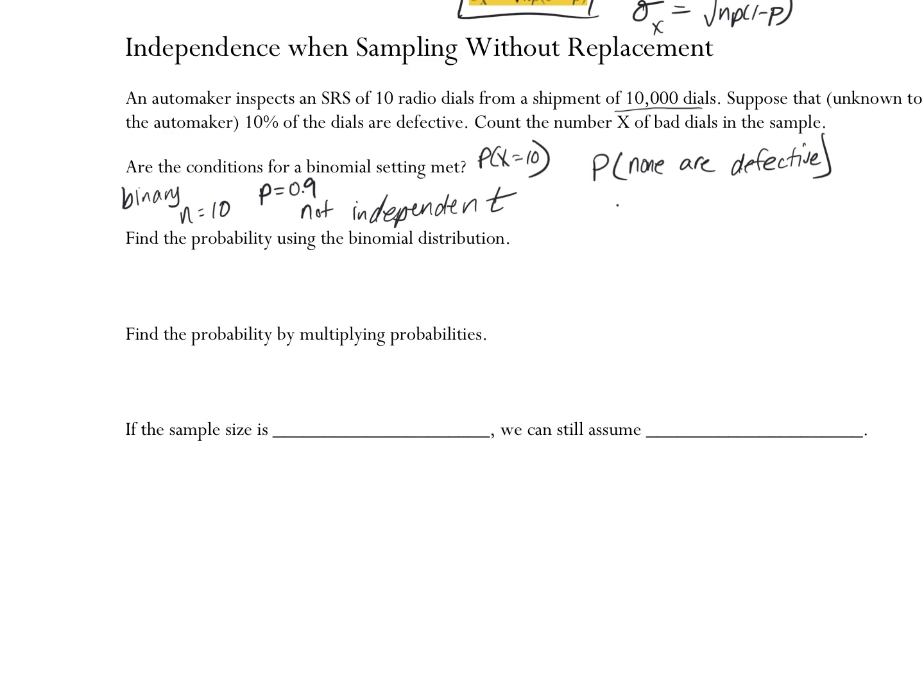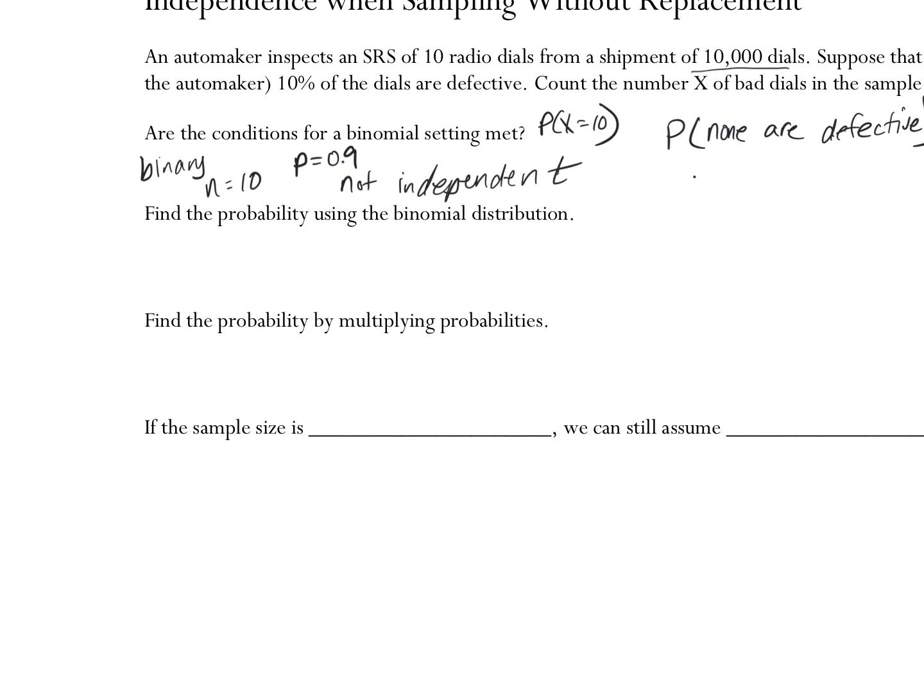So what is the probability that the first one is not defective? It would be 9,000 out of 10,000. And then if we're saying none are defective, that first one wasn't, what's the probability that the next one is not defective? I had 9,000. I pulled one of the ones that wasn't defective out, right?